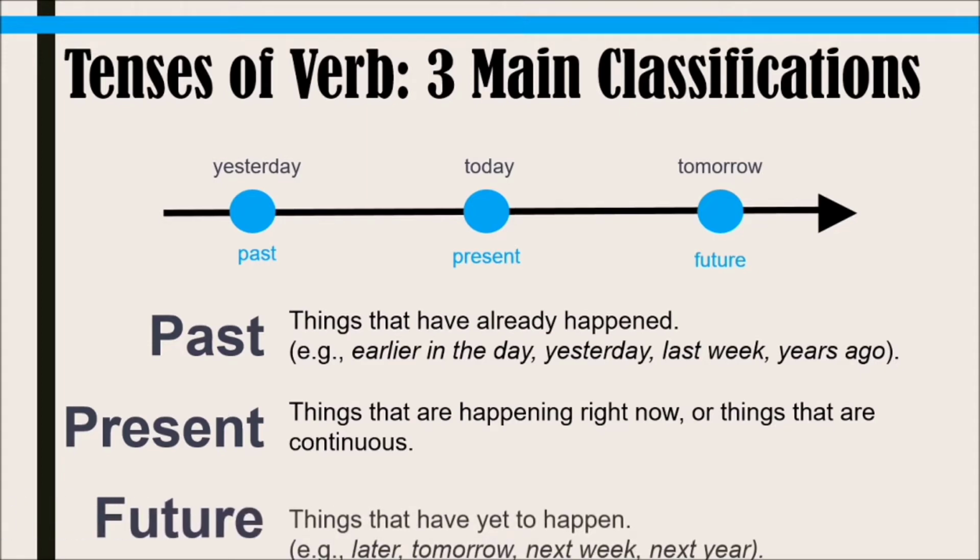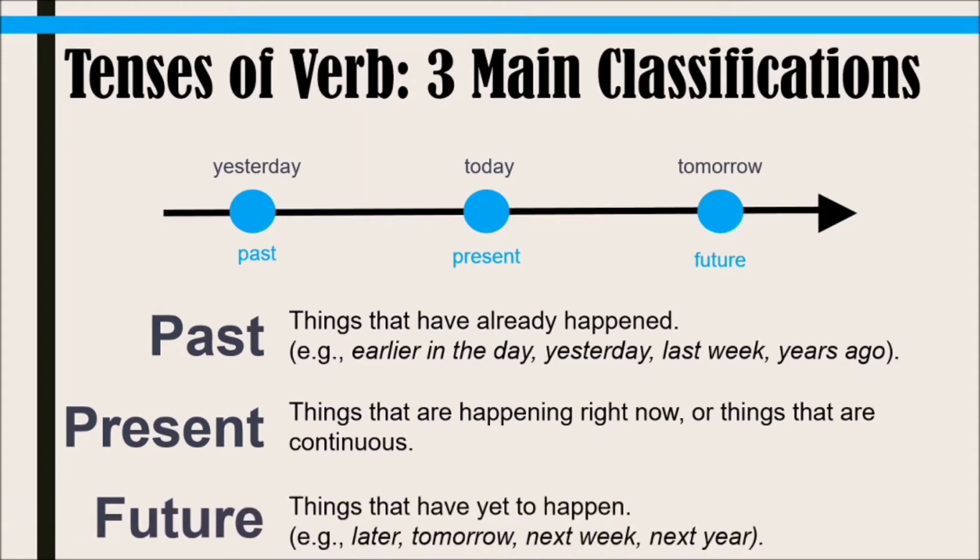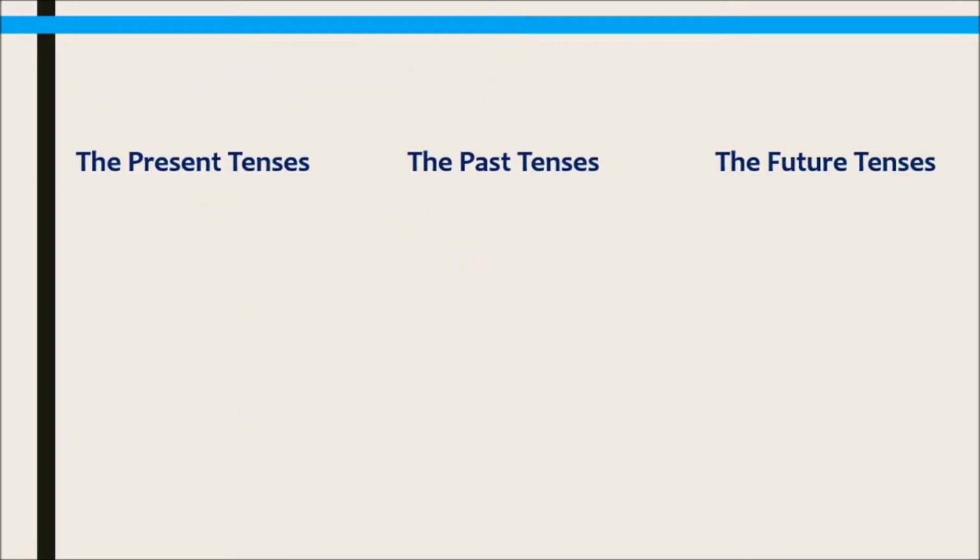And finally, for the future tenses, these are things that have yet to happen. So these are actions that you will do probably later, tomorrow, next week, or next year. So, I hope it is clear to you now about these three major classifications of the tenses of verb. So again, we have the present tenses, the past tenses, and the future tenses.